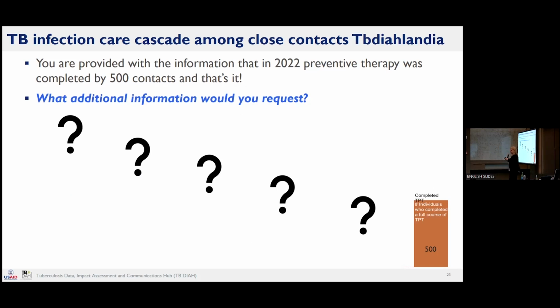So this is the situation. We can imagine the cascade of the LTBI program, but the only thing that we have is the last figure that we would be interested in: people who completed preventive treatment, which is 500.